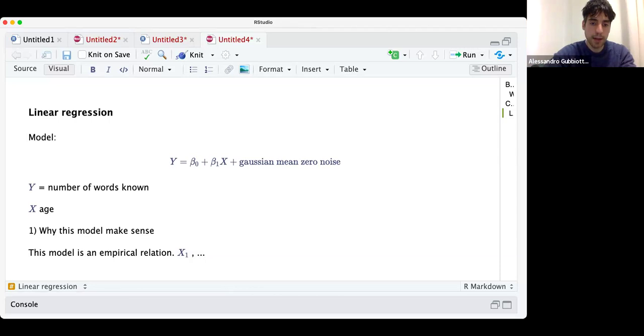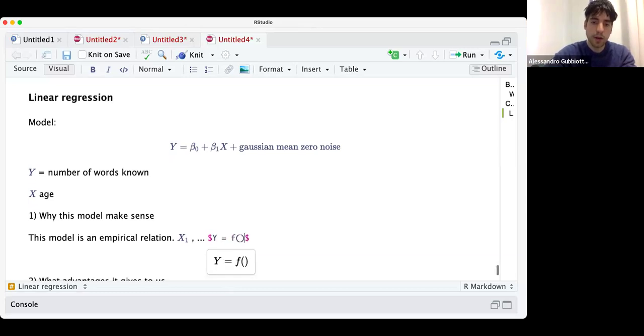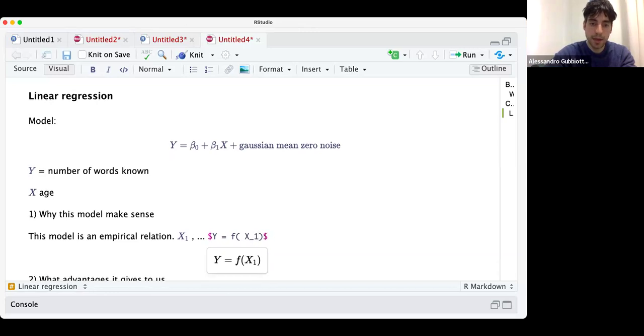We would like to find a relation among all these variables and y, like the number of words that the child knows. So we would like y to be a deterministic function of the other variables.